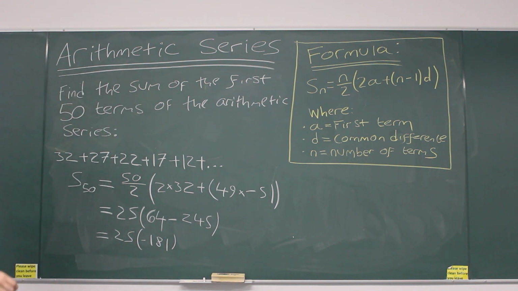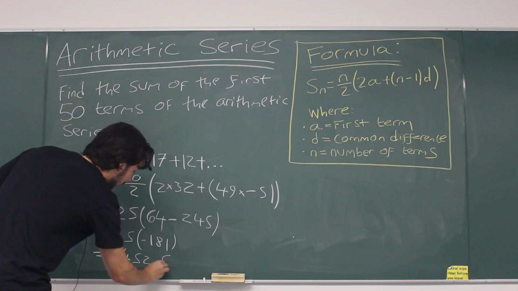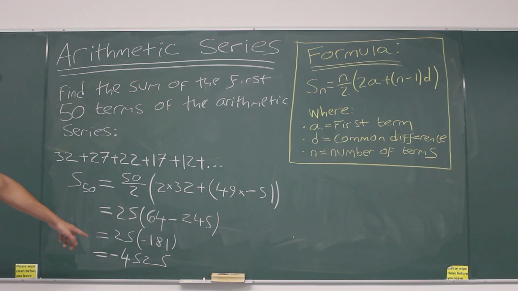And 25 times negative 181 is minus 4,525. Sorry guys, I couldn't do that one in my head. Yep, it's minus 4,525. Okay, minus 4,525 is the value of the first 50 terms.